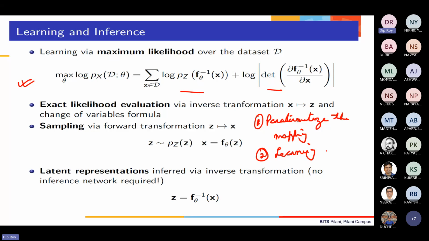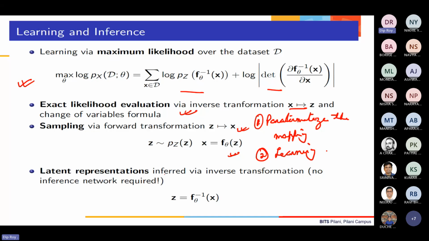So we can get exact likelihood evaluation via the inverse transformation, that is x to z, and the change of variable formula, and sampling via the forward transformation, which is this. And the latent representation is inferred via the inverse transformation, no inference network required.